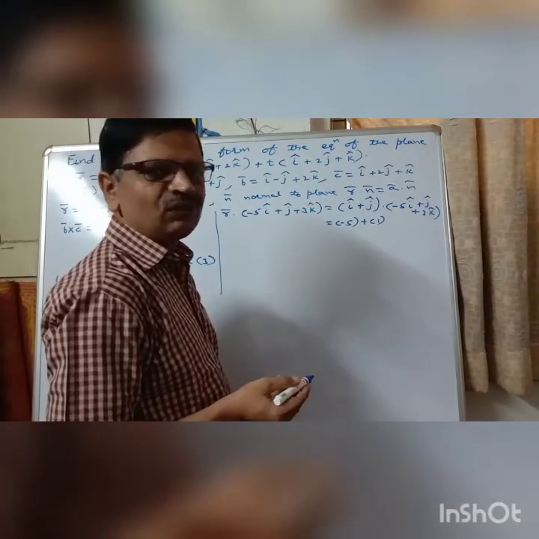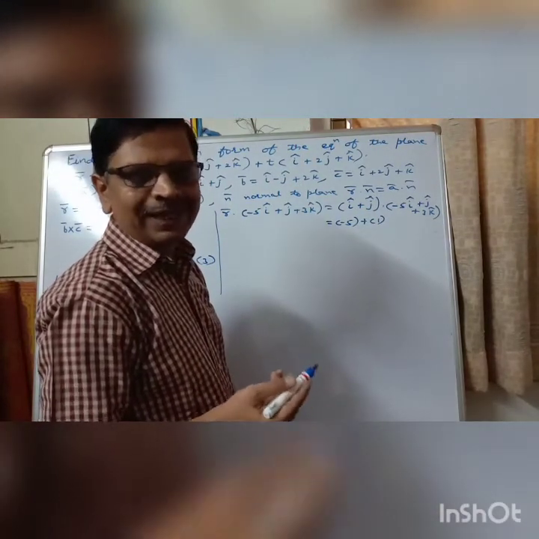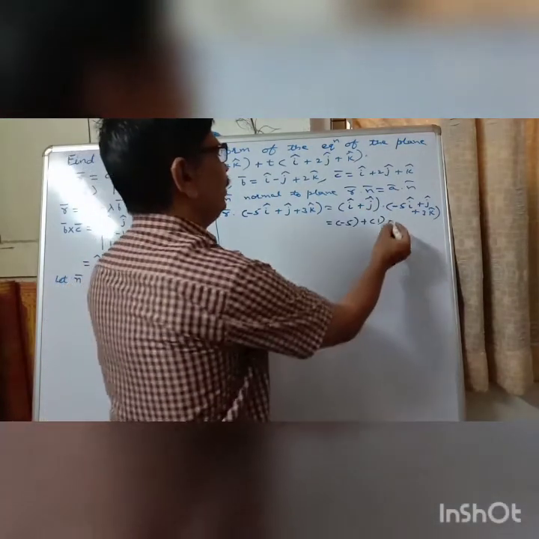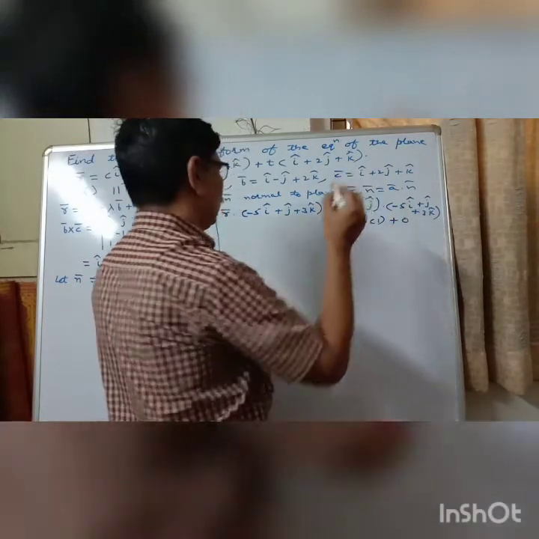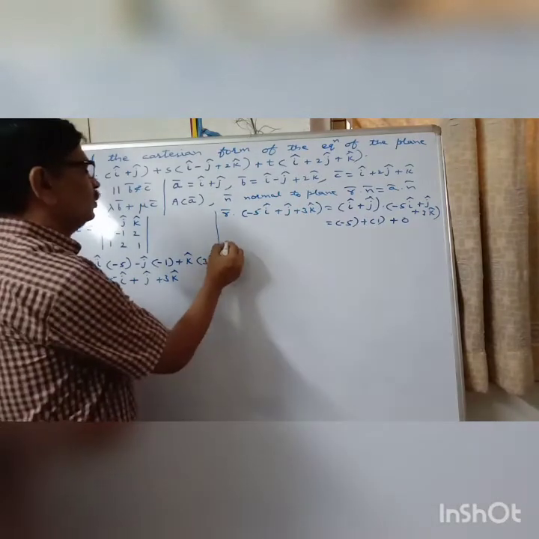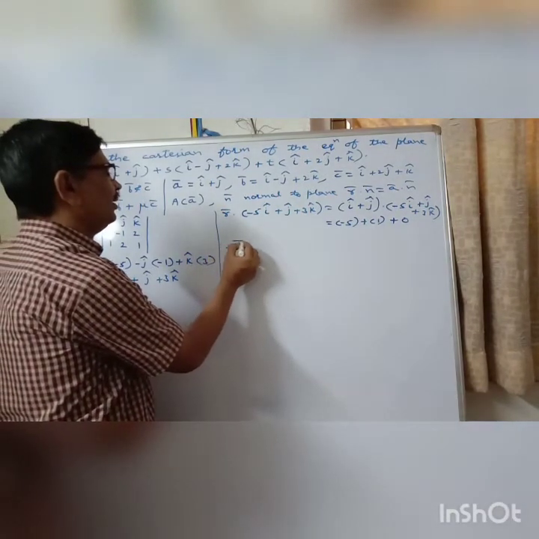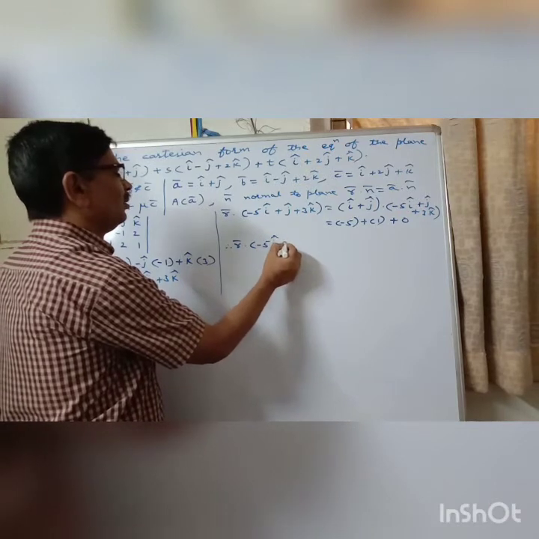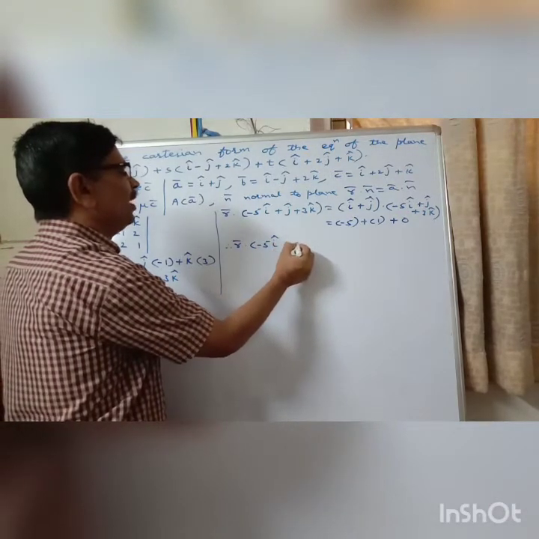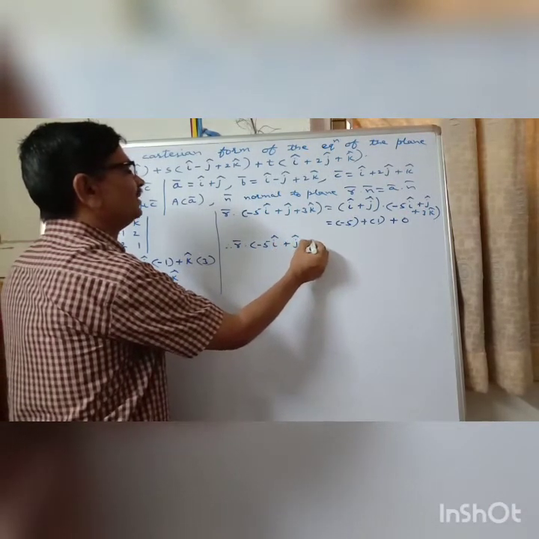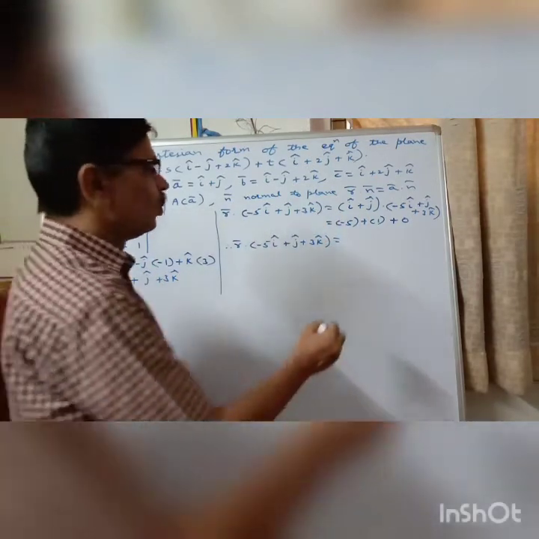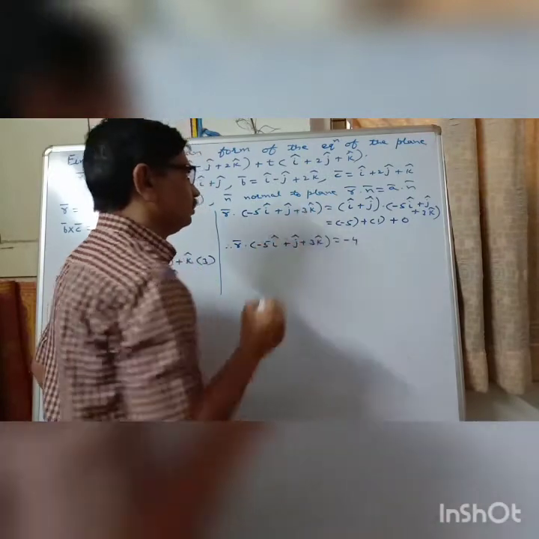In first vector, term of k is absent, coefficient of k 0, 0 into 3, 0. So equation of plane in vector form, r bar dot in bracket -5 i cap plus j cap plus 3 k cap equal to -4.